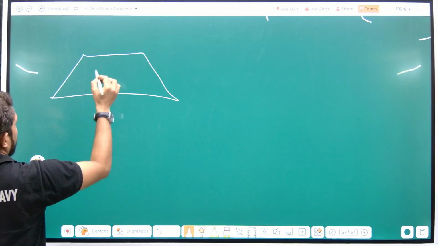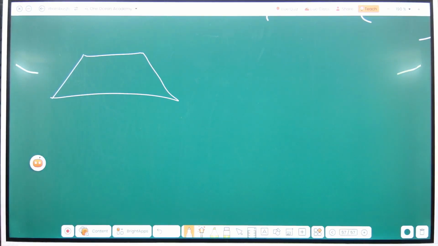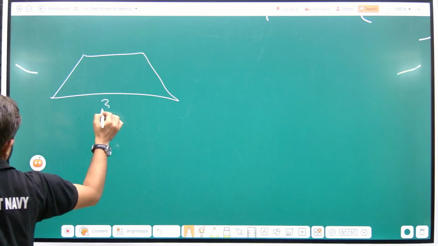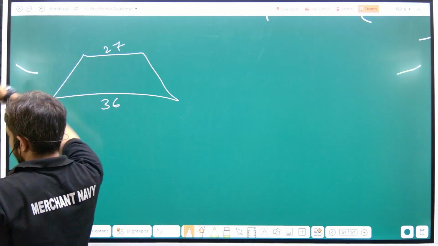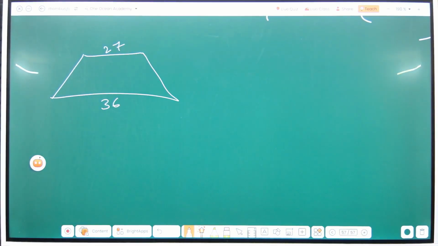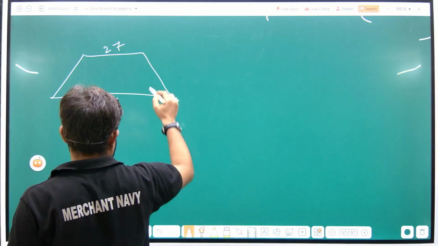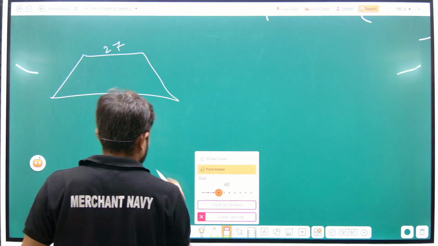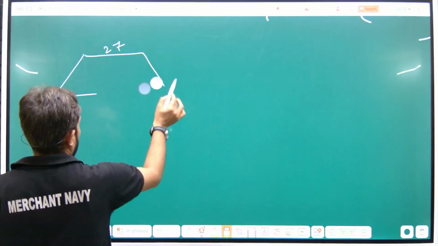So suppose this is a parallelogram and its adjacent sides are 36 and 27 centimeter. If the distance between the shorter sides is 12 centimeter. This is not a parallelogram, this is a trapezium, sorry.